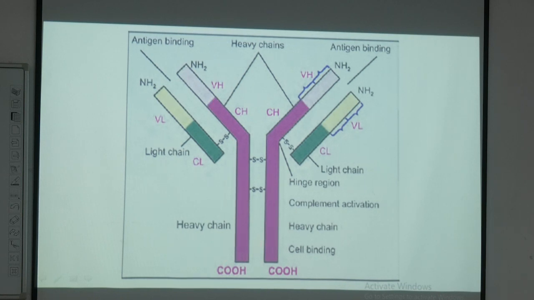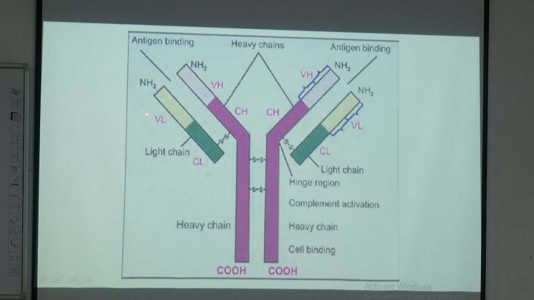As in every amino acid, there is one amino terminal and another carboxy terminal. Similarly, in all the peptide chains, there is one amino terminal and one carboxy terminal. These 4 chains are associated with each other with disulfide linkages.